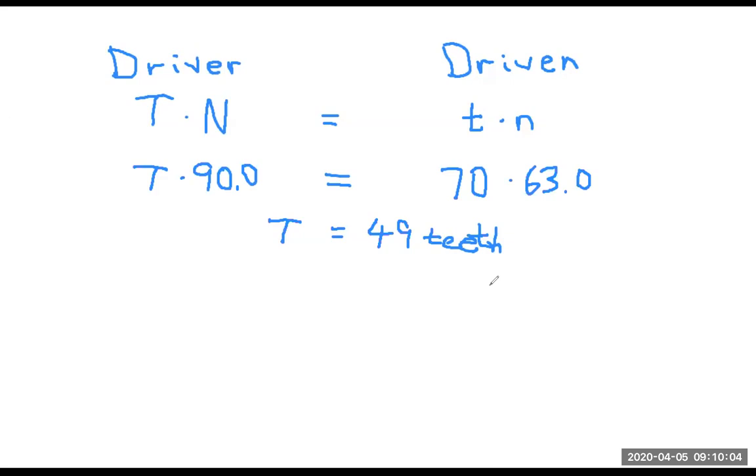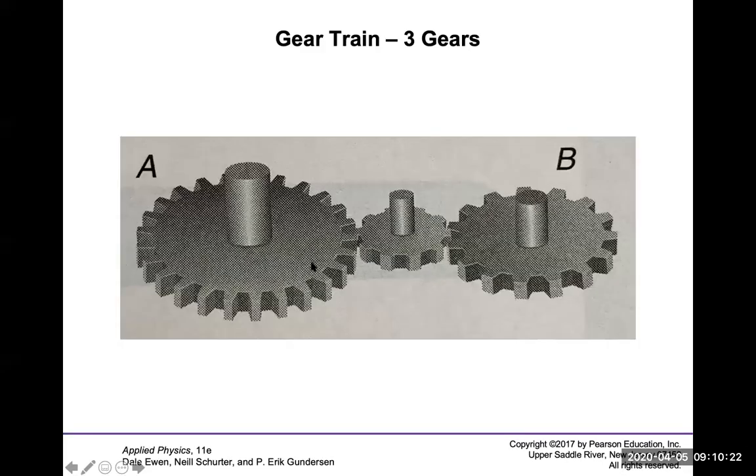Okay, now the next example, example 3, is not a computational example. We're learning how to tell which direction everything is moving. So let's go back to the pictures. Let's say A is going counterclockwise.